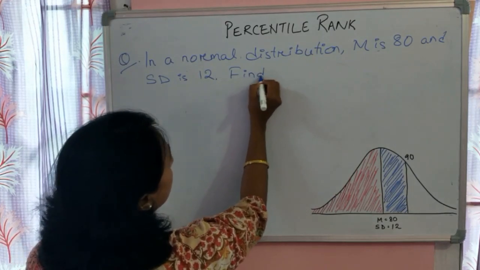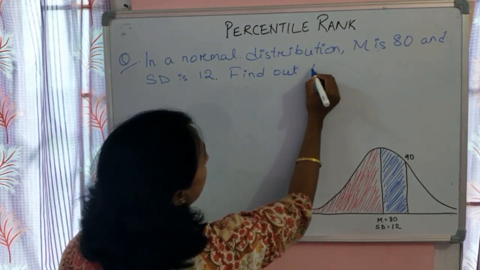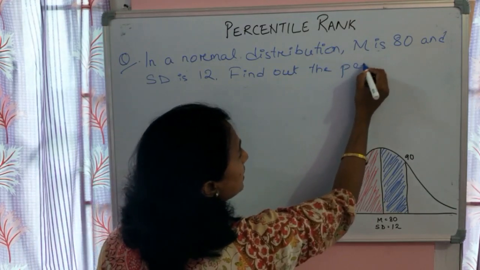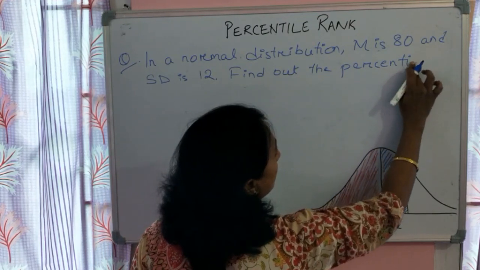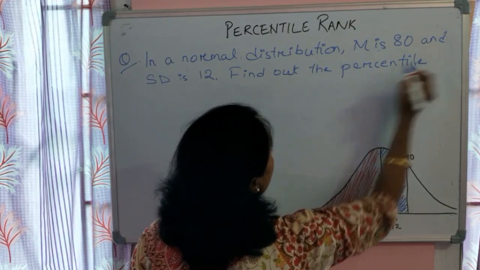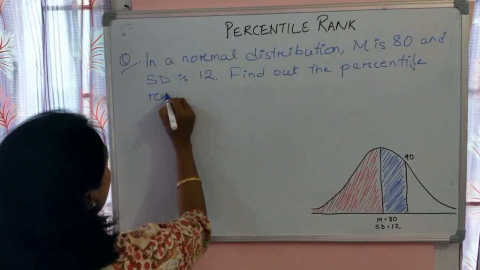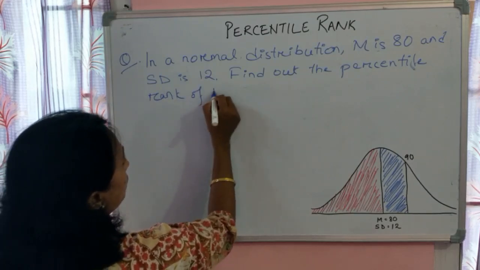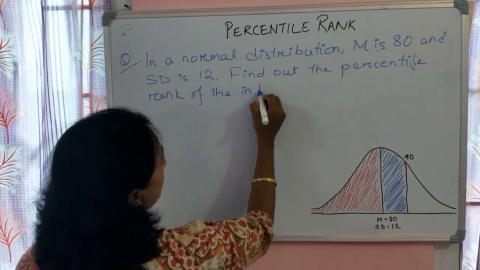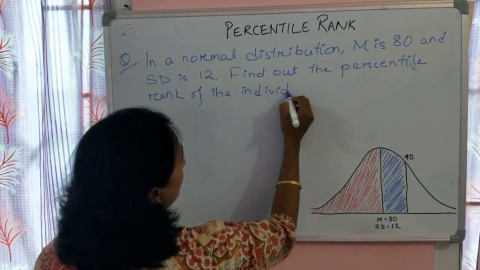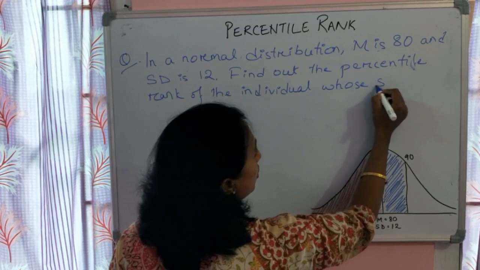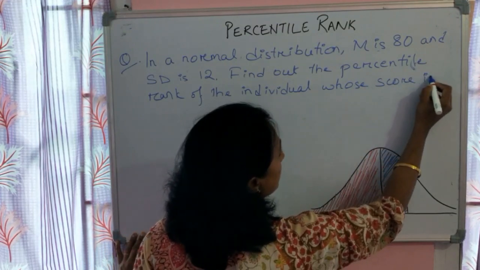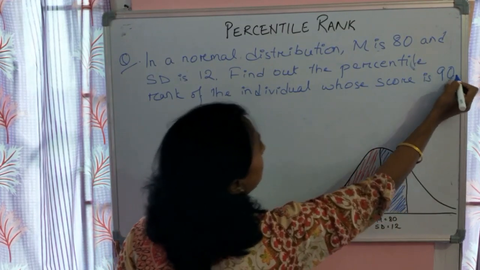What we have to do is find out the percentile rank of the individual whose score is 90.